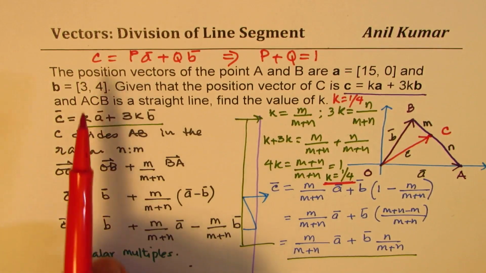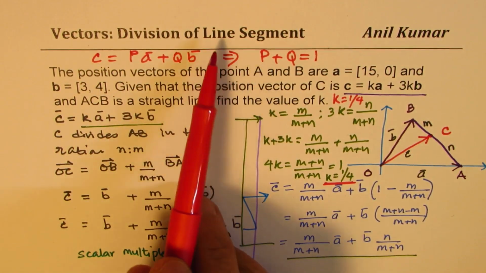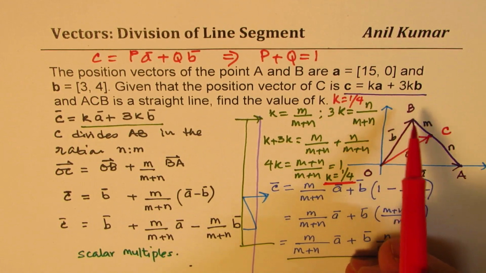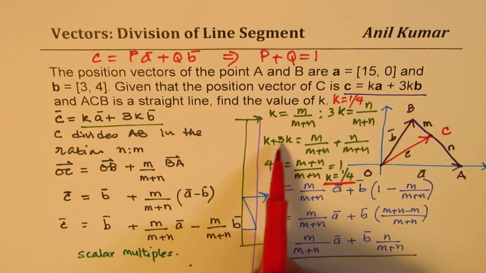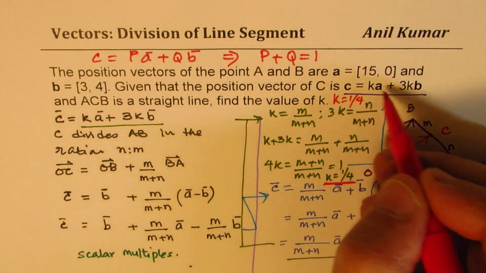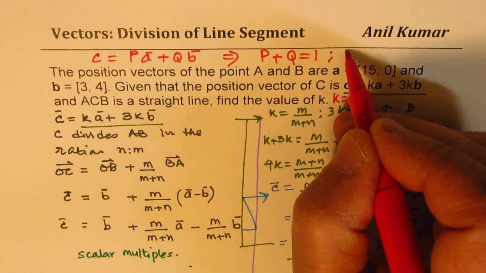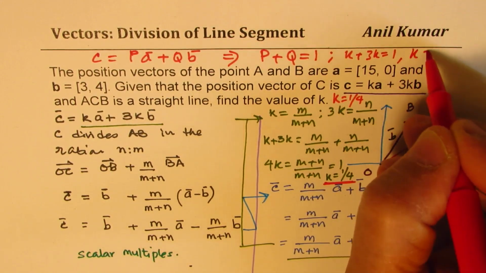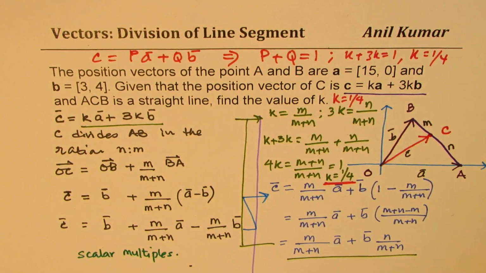If you use that strategy, which we get from the section formula, we could have easily found the answer by combining K and 3K. We could have written this equation, K plus 3K equals 1, and from here we get K equals 1 over 4.